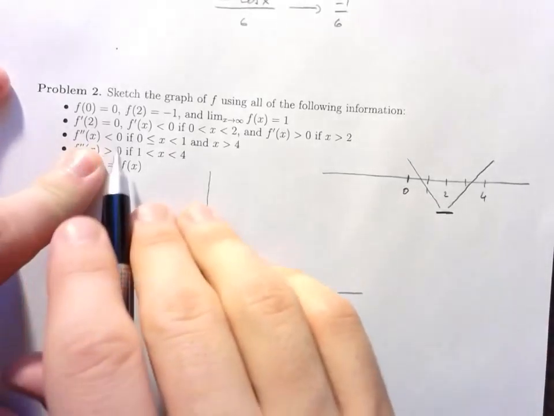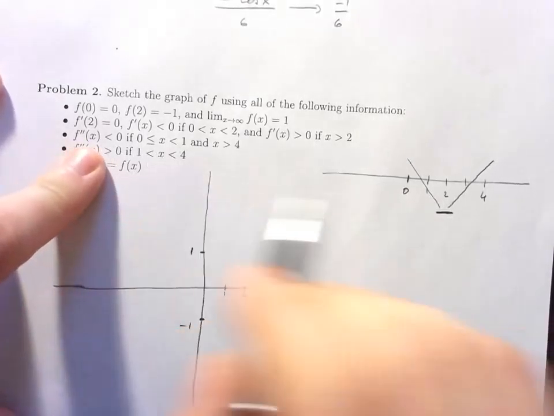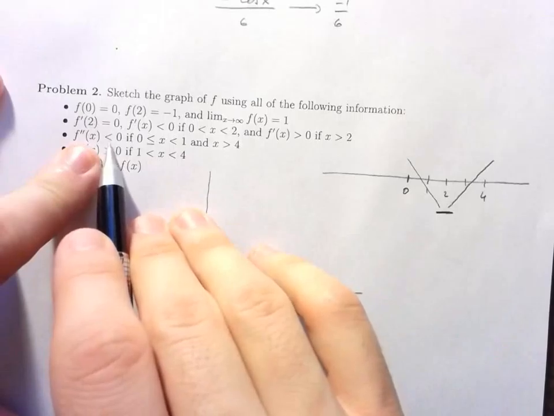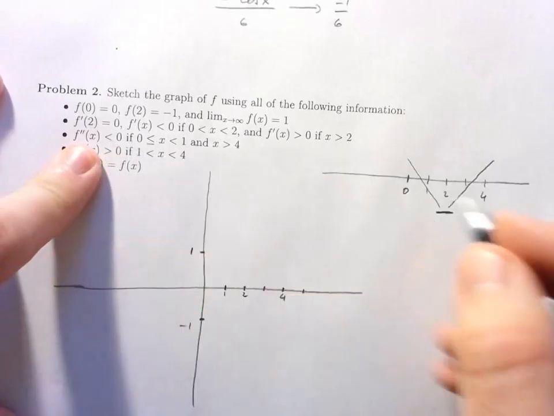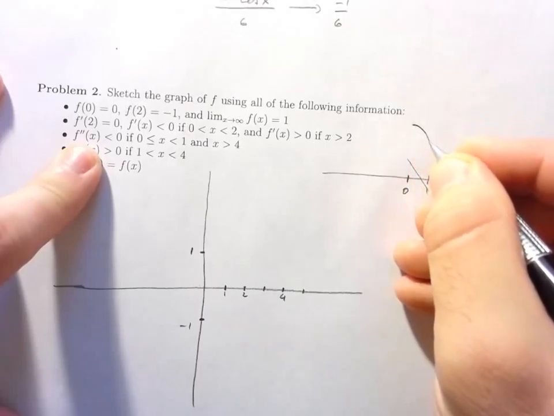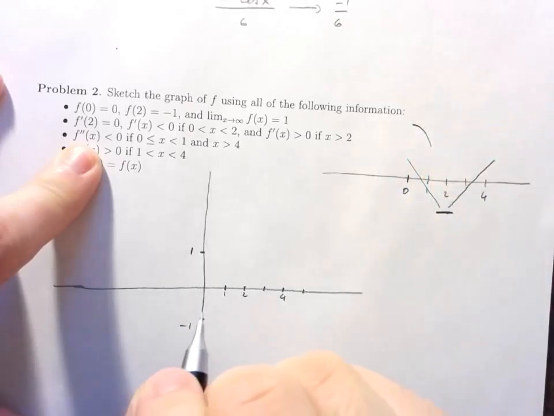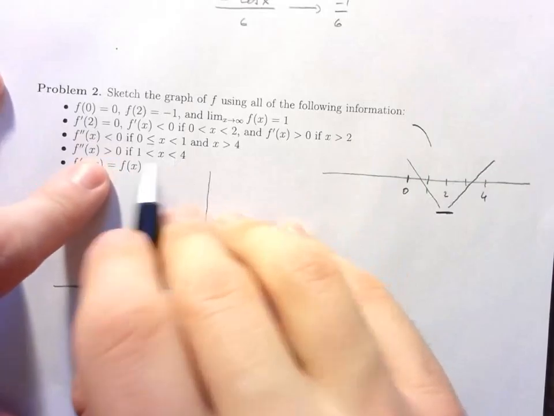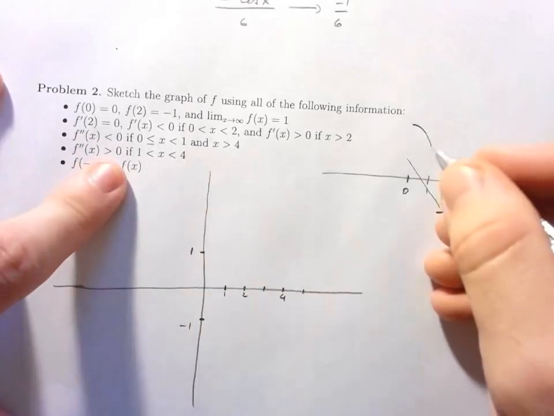Also, if we look at the second derivative, I get some concavity information. I get that the function is concave down between 0 and 1, and a decreasing concave down function is going to look like that, but it's going to be concave up between 1 and 4.